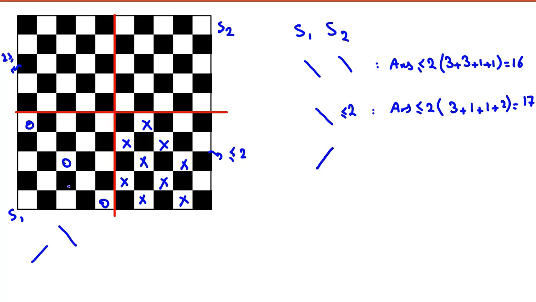If here one of them is like this and the other one is at most 2. So let me write. Okay, so here S1 is like this and S2 is at most 2. So let's see here, which cells does it remove? It removes this one, this one, this one, and here it removes this one like this.